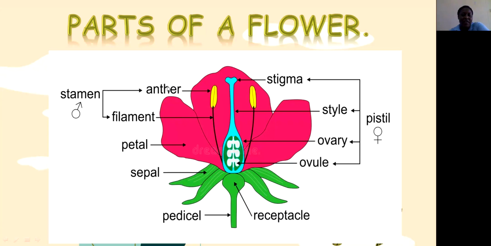Someone raise up your hand. Have you heard my question? Name the 2 male parts of a flower. I'm waiting for you. If you can't answer, I will not end my lesson.